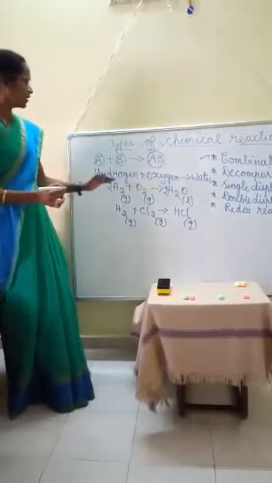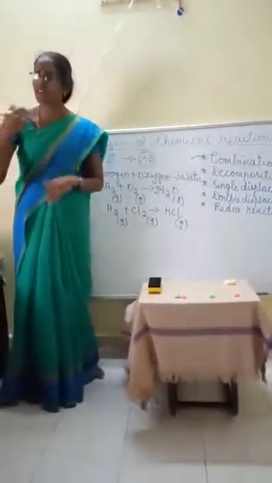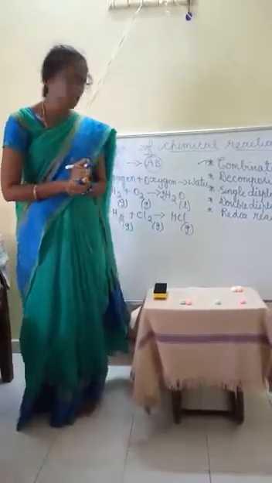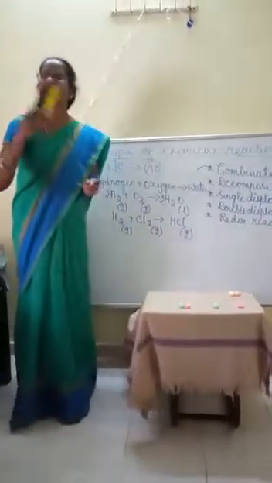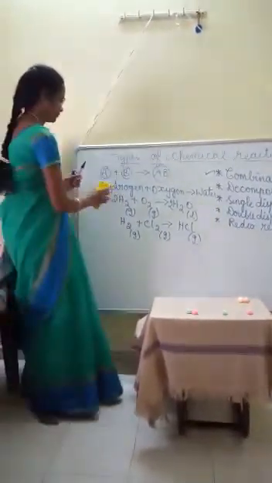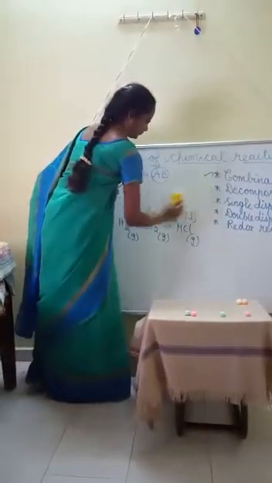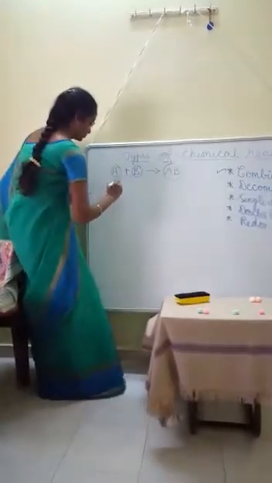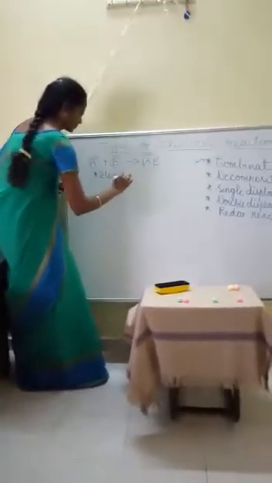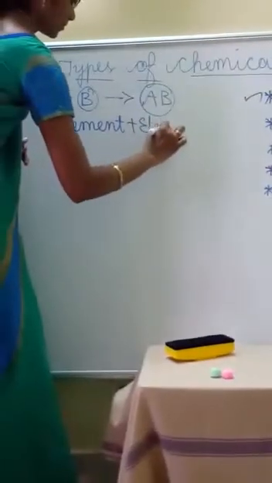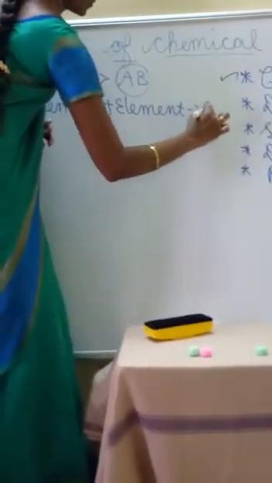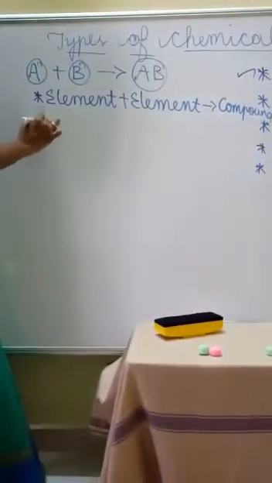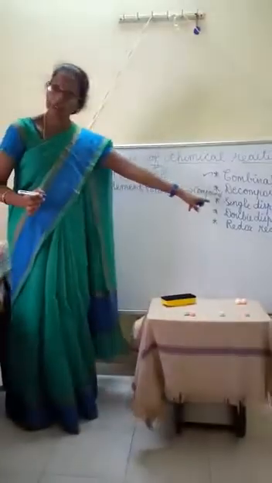Okay. So next, let me discuss this combination reaction. We can classify this combination reaction into three different classes. What are they? Let me check now. First one is element plus element gives compound.